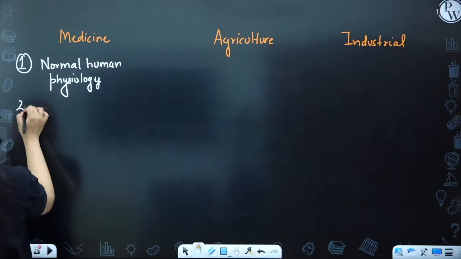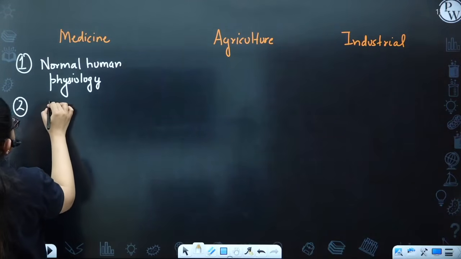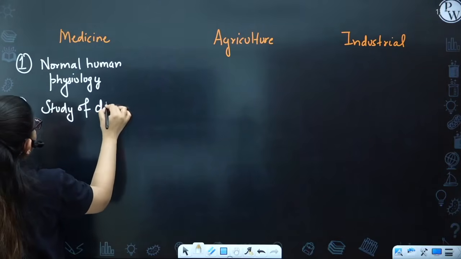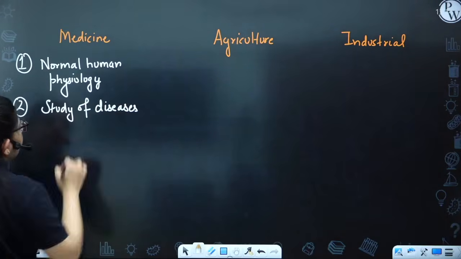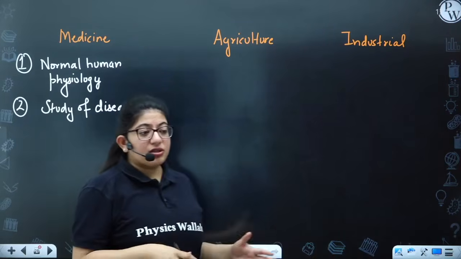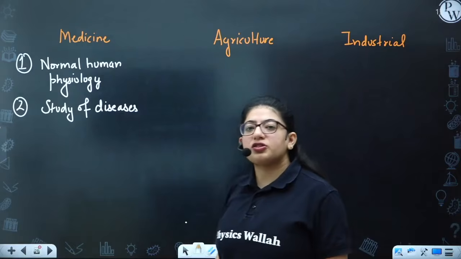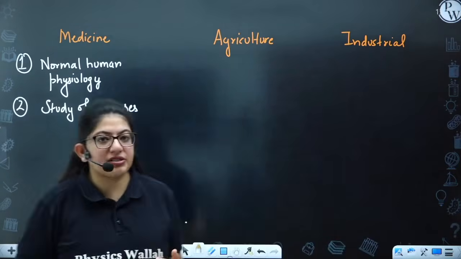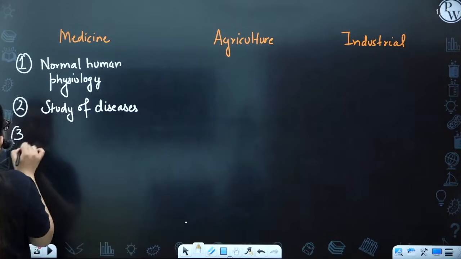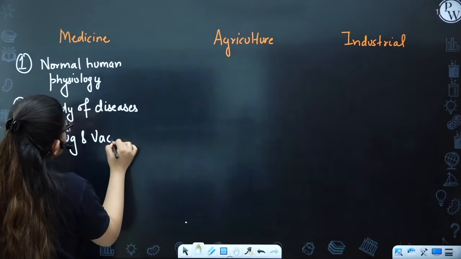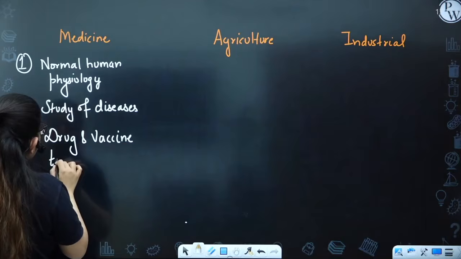Second thing, to study diseases. Okay, how did we get cancer, how do we get this genetic disorder? So by inducing those animals to get disease, we can study the diseases. Also, we can do drug and vaccine testing.